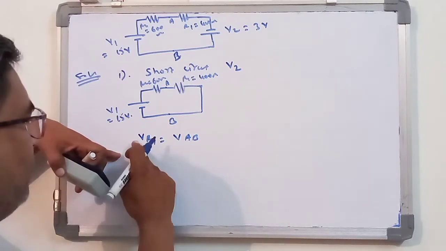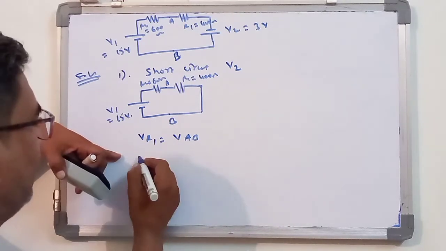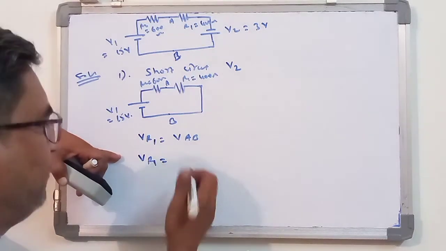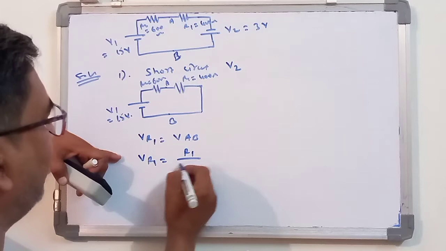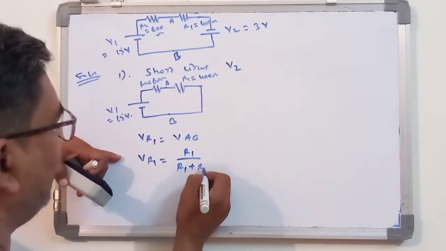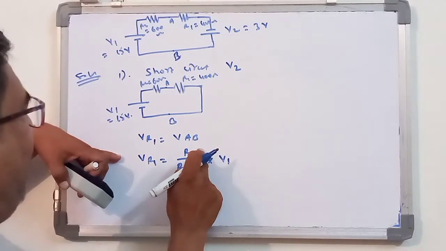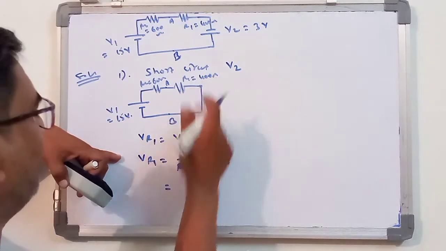Okay students, so what is this value for the VR1? You have the formula, just write down that formula. VR1 is equal to R1 divided by R1 plus R2 multiply by V1. What is the value for R1? It is 400.